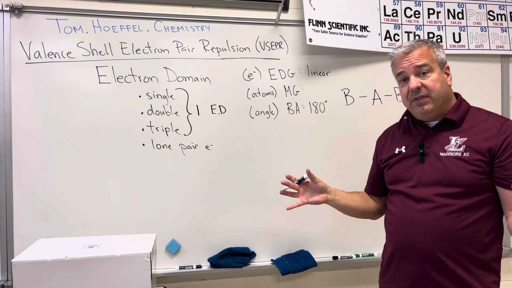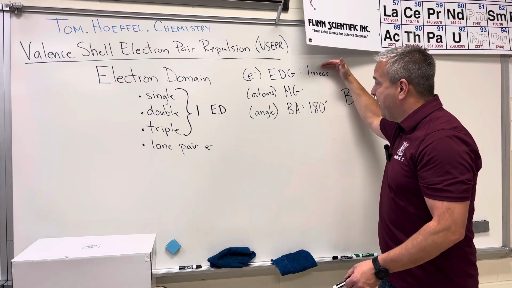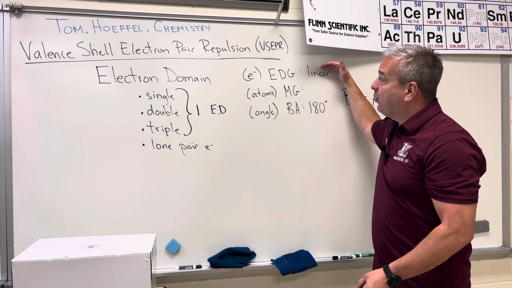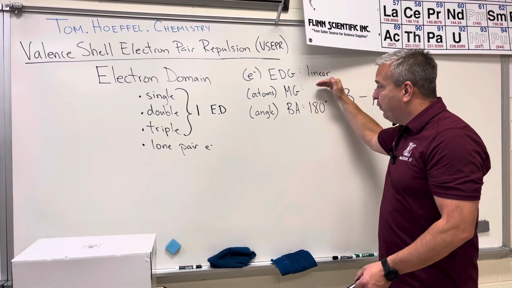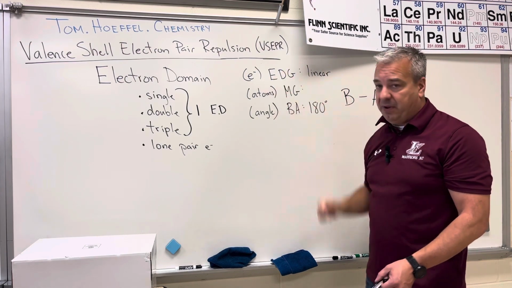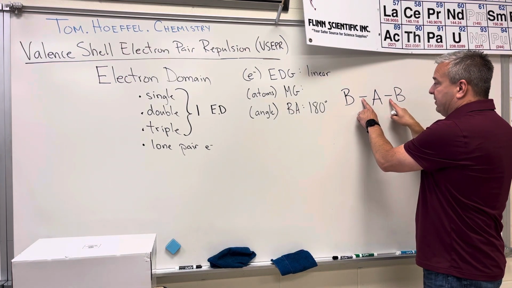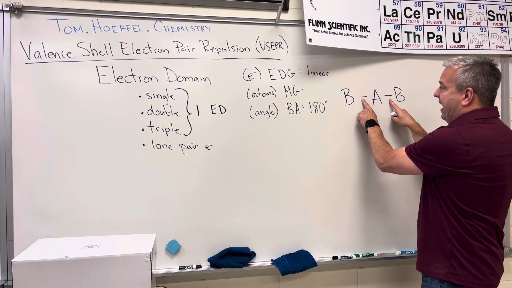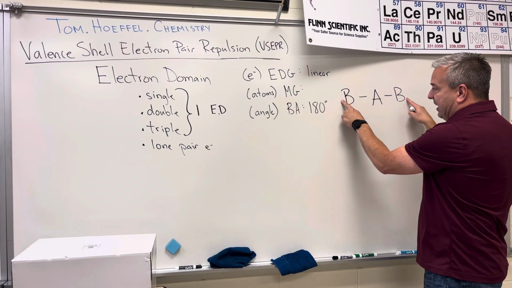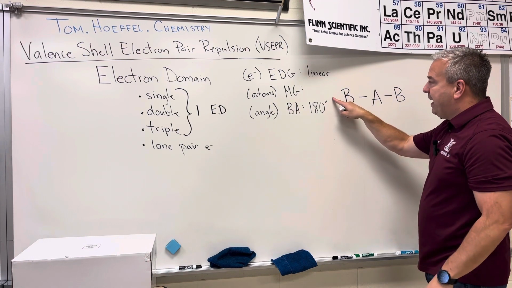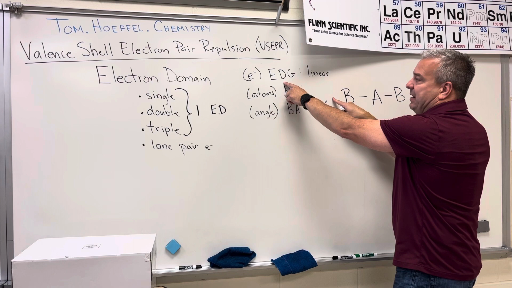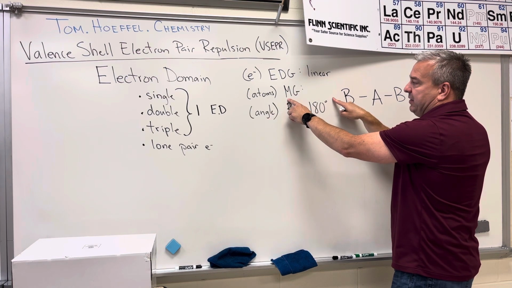So a big part of this video is understanding the vocabulary word that describes the shape of the electrons and the vocabulary word that describes the shape of the atoms. Now, if the electrons are making this linear shape and there's atoms on the other side, and everything's bonding, then the electron domain geometry and the molecular geometry are going to be the same.